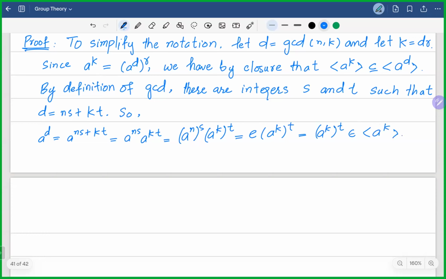This proves that the set generated by a power d is a subset of the set generated by a power k. So the first thing is verified.